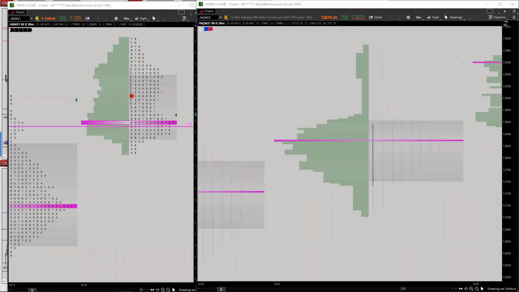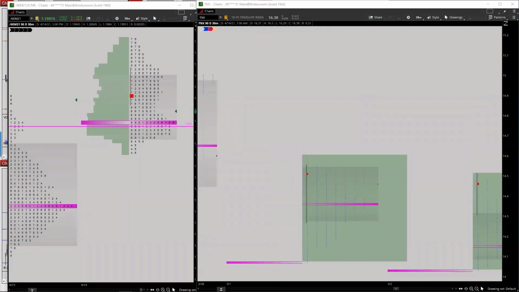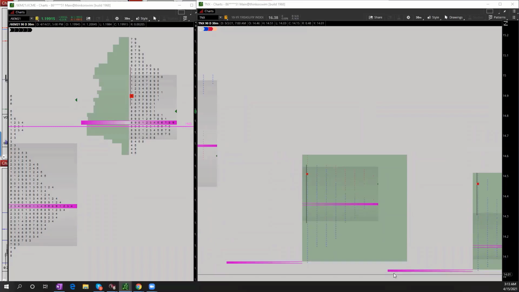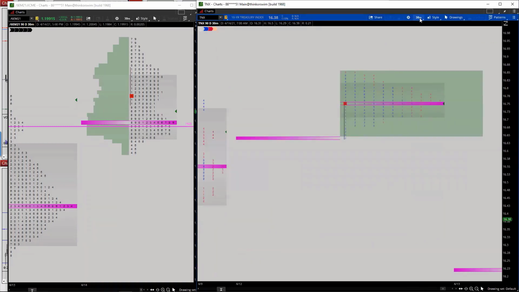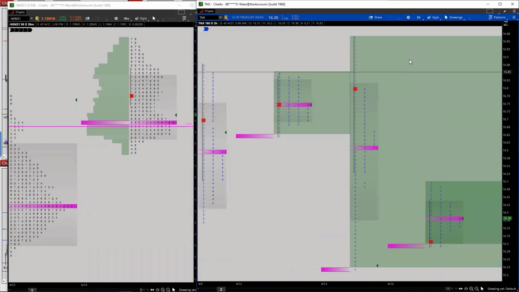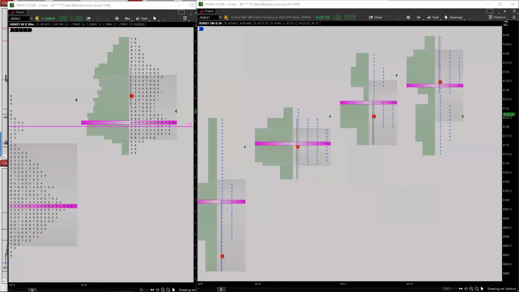Let's move in and look at the S&P. Okay, there's the S&P right now. Bear with me. Oh, they're putting the tag there because it's going to work now.